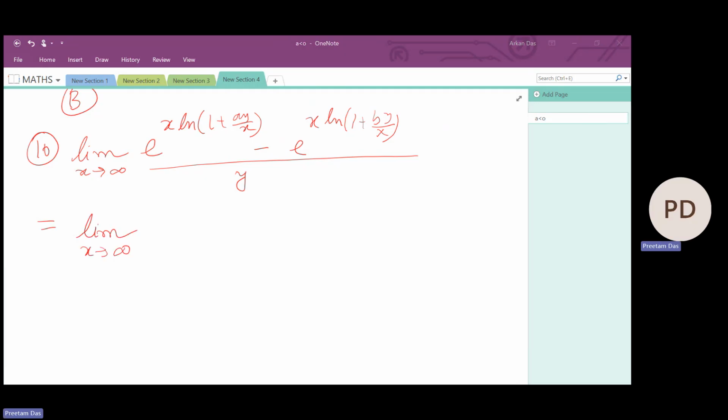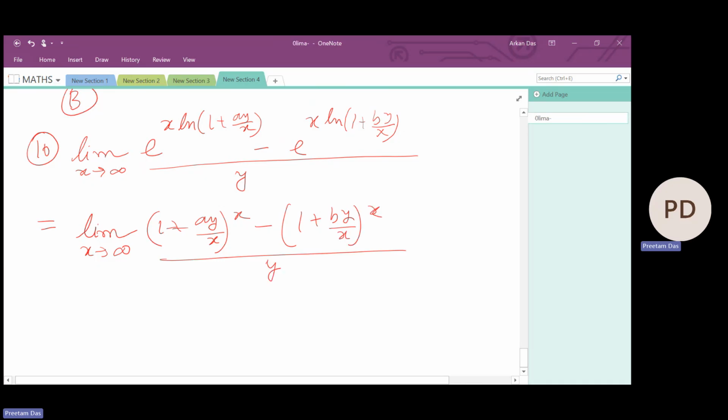So we can clearly see there is an ln here and there is an e. So we can simplify this. If we simplify this, we'll get this ay by x raised to x minus 1 plus by x raised to x divided by y.